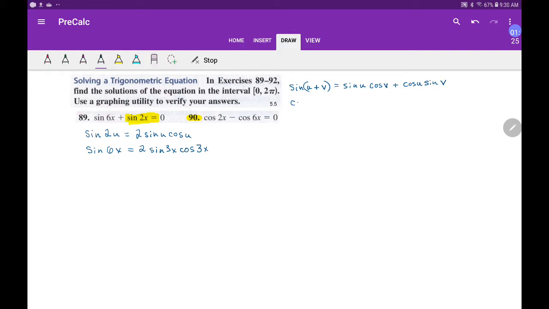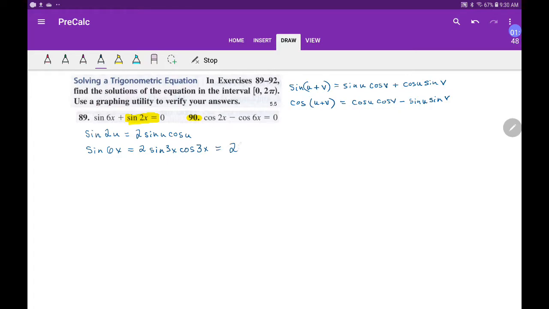And cosine is not so generous, or gracious, I should say. Cosine has both turns first, and it changes the sign of the equation. Okay, so that's what we have, and that's what we're going to do.